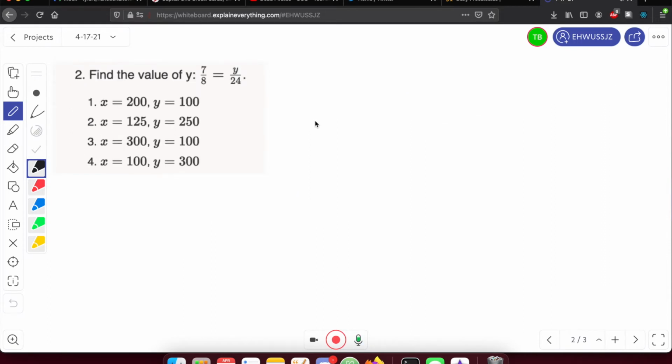So question 2, find the value of y if 7/8 is equal to y over 24. We could solve this like an equation, but we could also just notice that 8 is a factor of 24. So if we multiply 8 times 3, we will get 24. I'll show you how to solve this kind of equation in a minute.